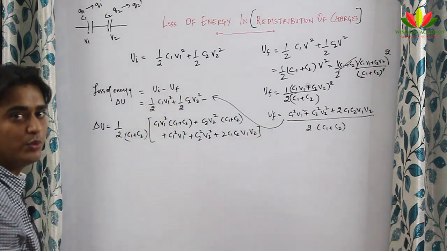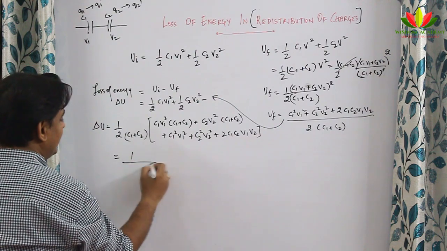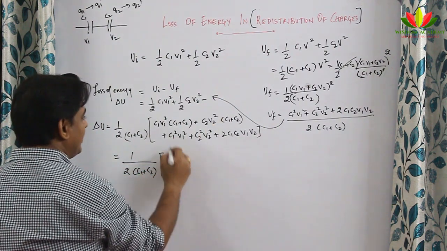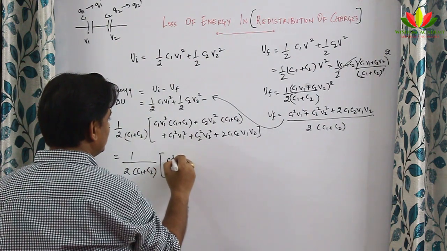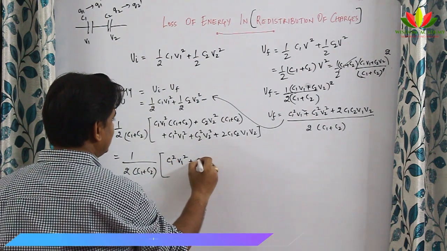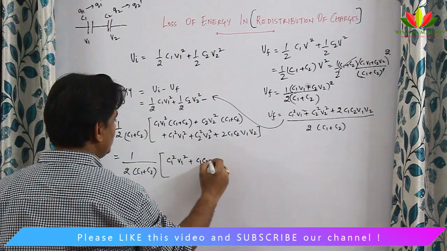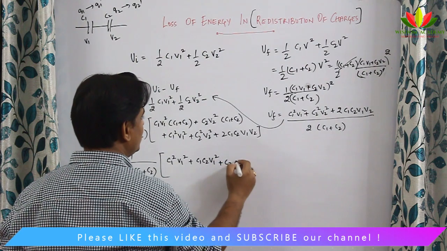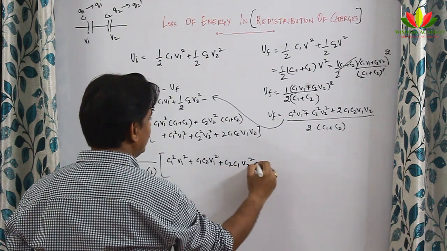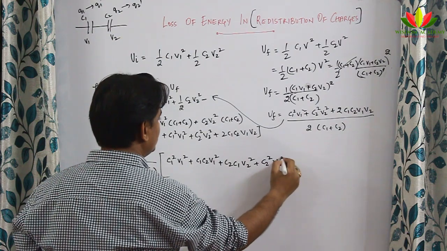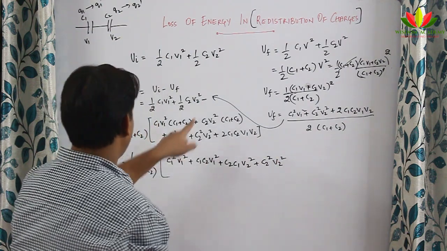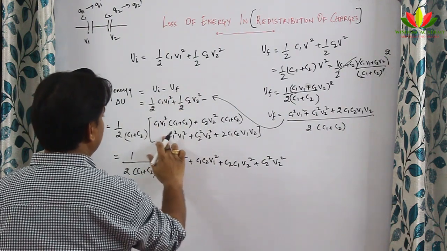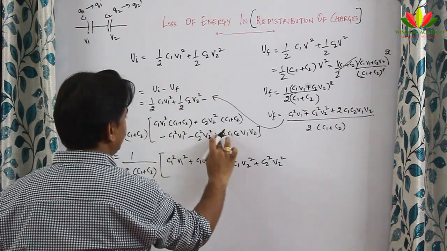I hope you are understanding what I am doing. So, what happens after this? This is 1 by 2 C1 plus C2. If I open up this bracket, first I will multiply this, C1 square V1 square plus C1 C2 V1 square, and if I open this, it will become C2 C1 V2 square plus C2 square V2 square. Oh sorry, minus sign is here, so everything will become minus.